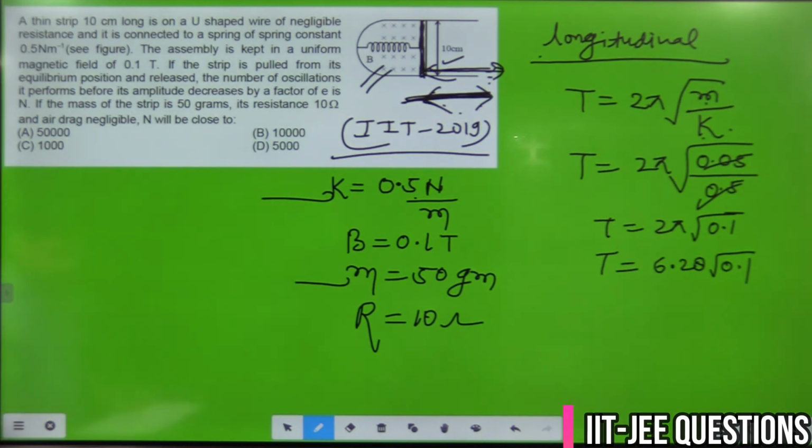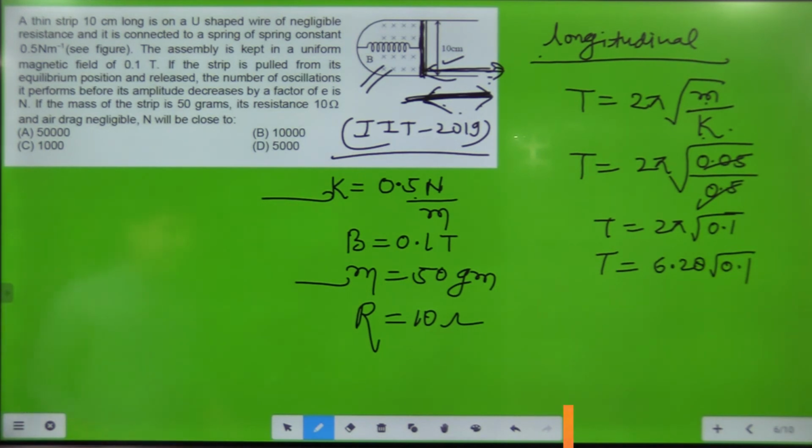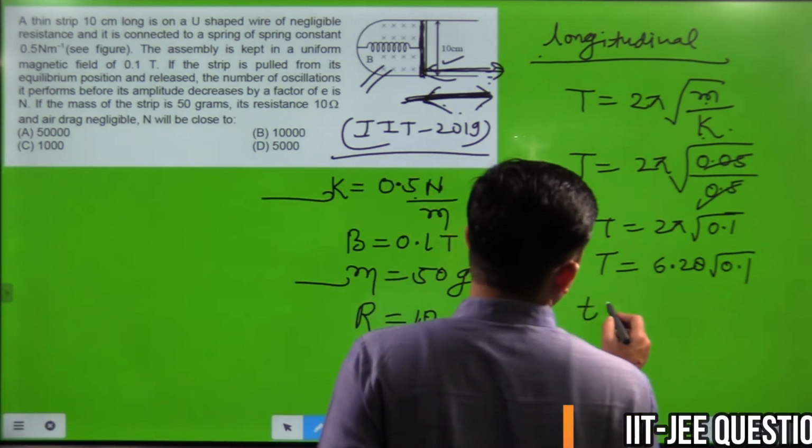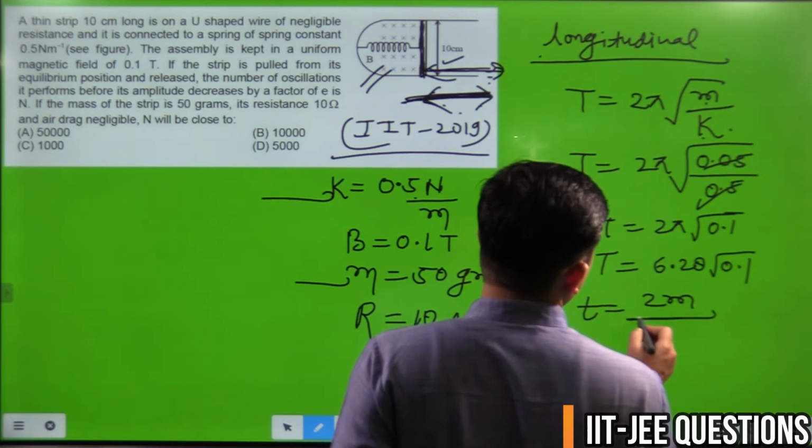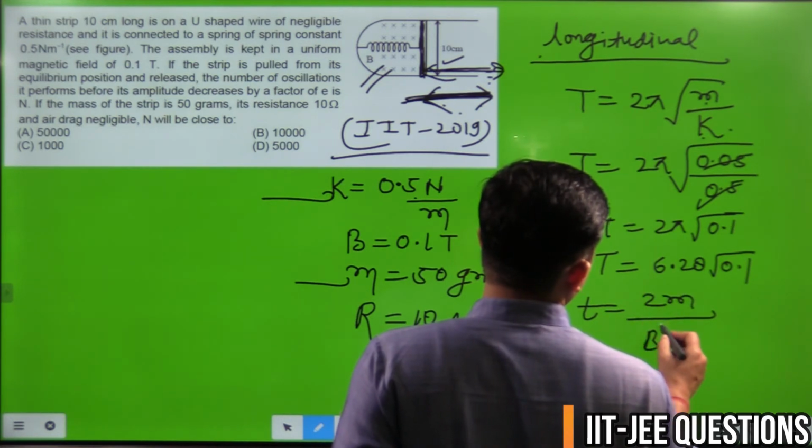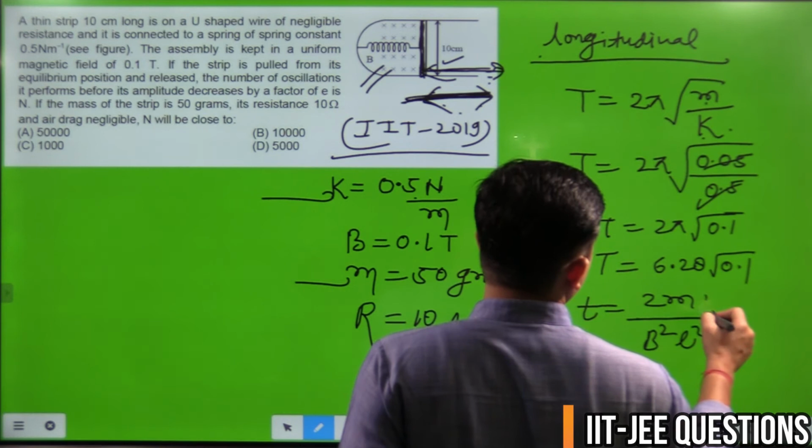Now we have to find time, and to find time small t, we will apply this formula: 2m R by B square L square.